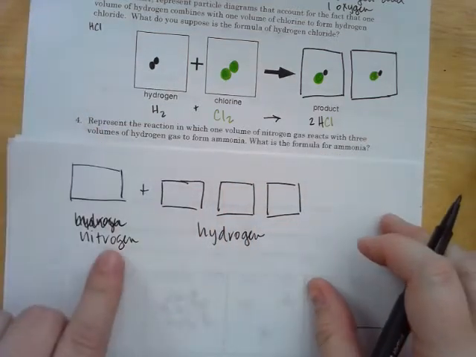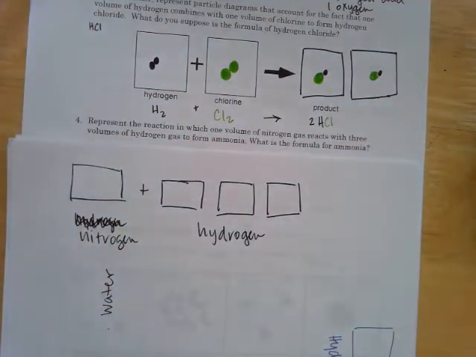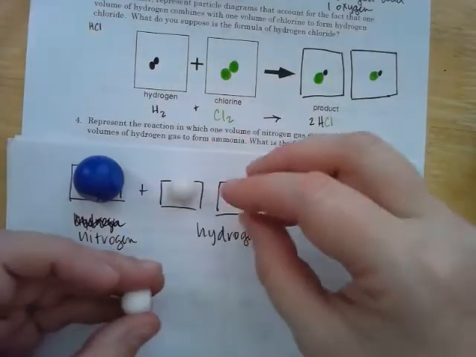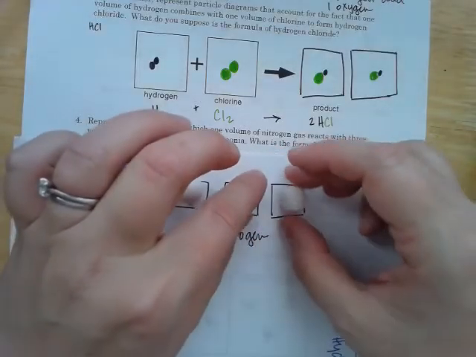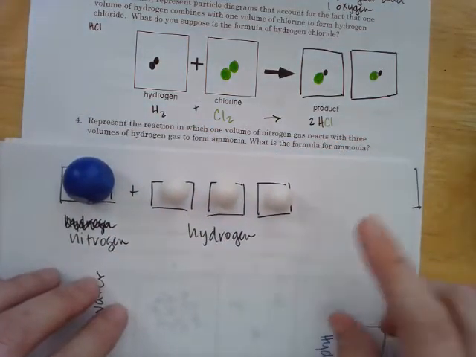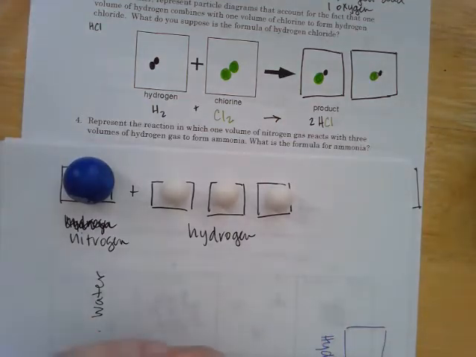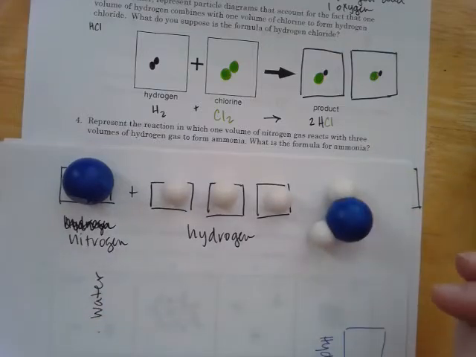Yeah, so there's a tricky thing happening here. If I've got 1 volume of nitrogen and 3 of hydrogen, and then we form ammonia, what are we going to get? Hold on, I'm going to build it for you.